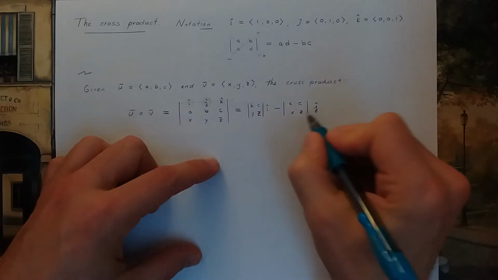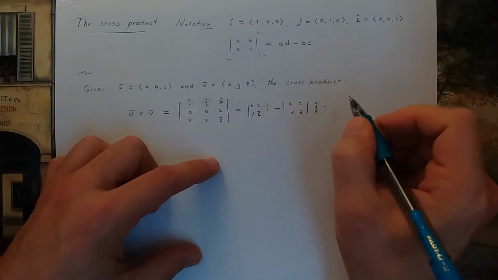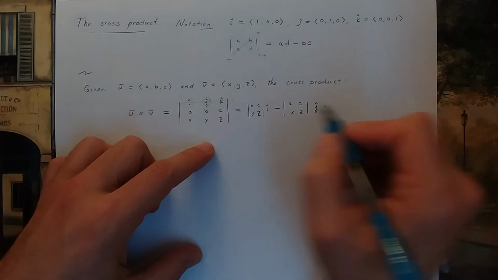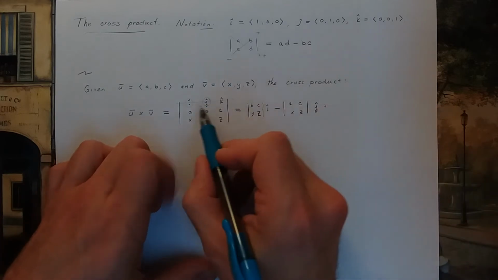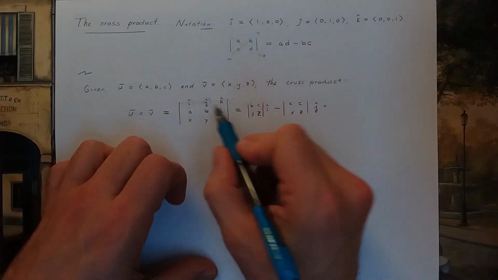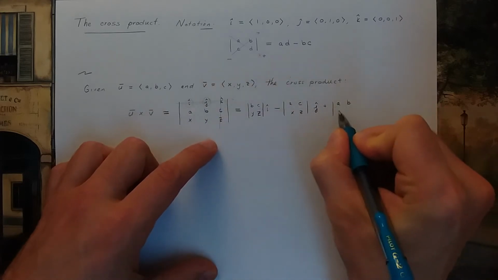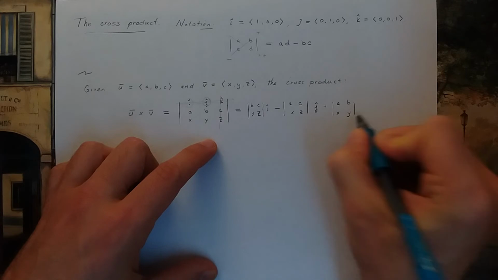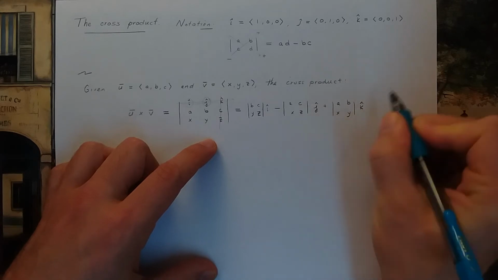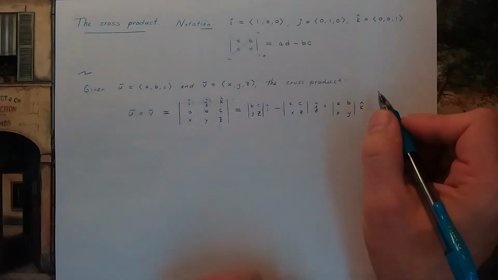And that'll be times j hat. And then the final calculation will be analogous for k hat. I'm going to cross off the row and the column that contains k hat, and I see a, b, x, y times k hat. There, that's the calculation.